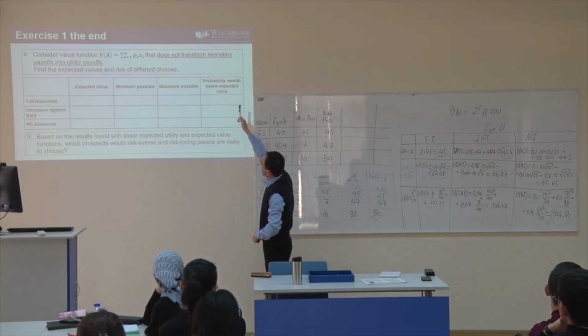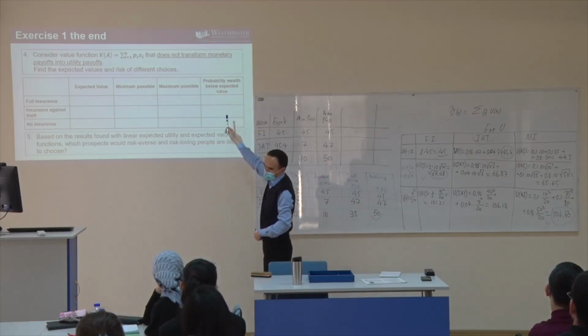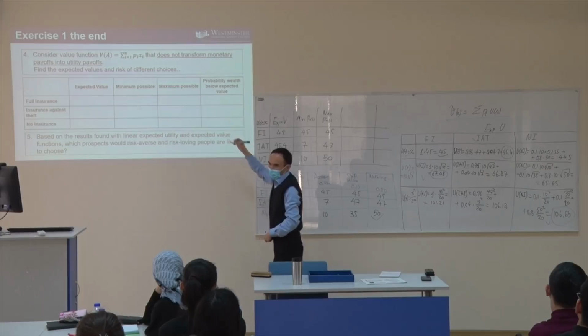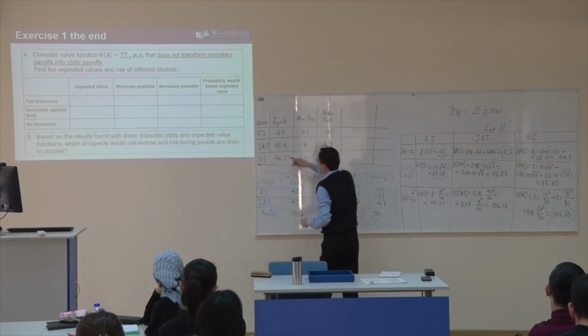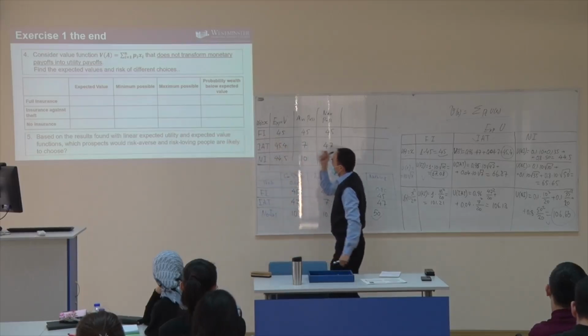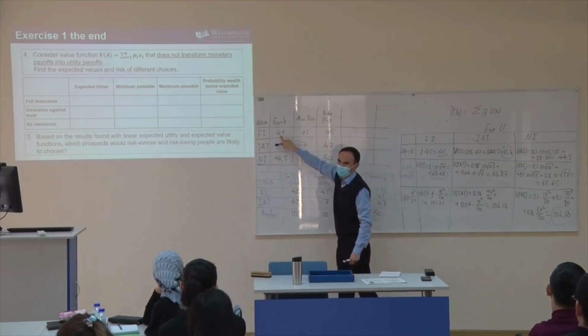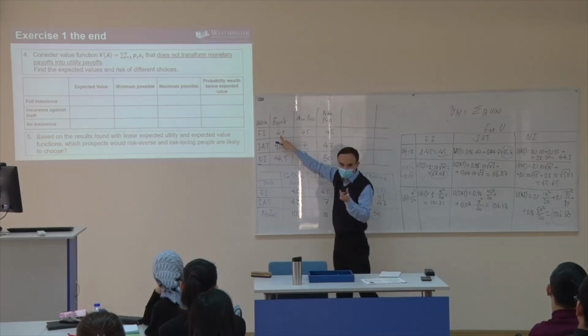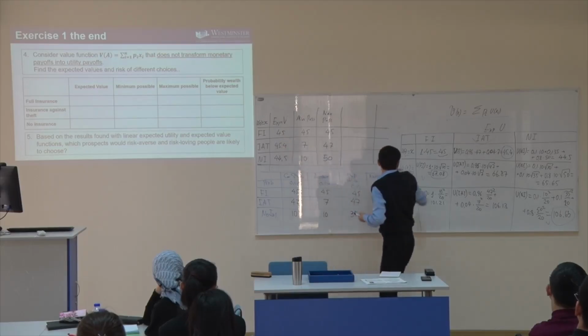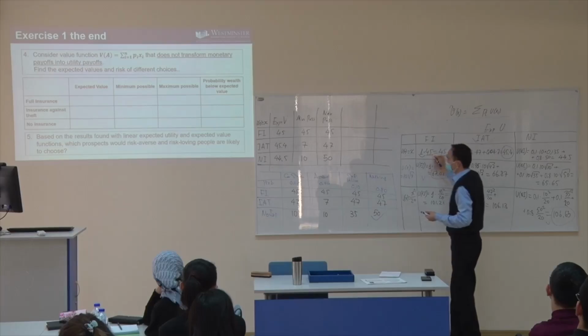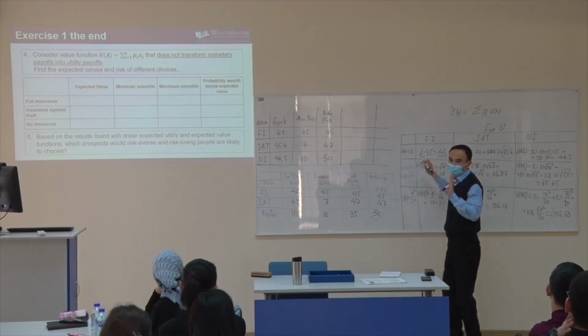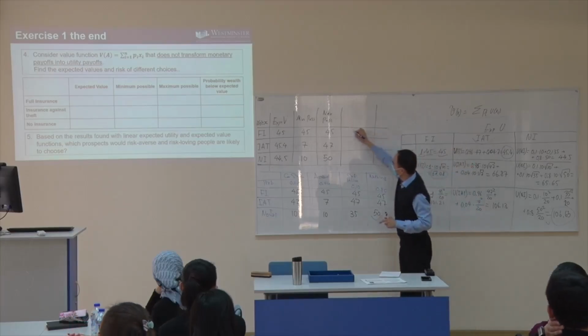And the last column: probability of falling below expected value. What is the probability in the case of full insurance that our value is going to be less than expected value? Is there any probability that value is going to be less than 45? Full insurance? No. 100% probability it will be 45. There isn't any case. So probability is 0.